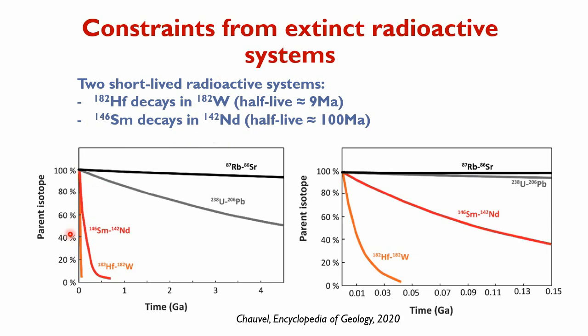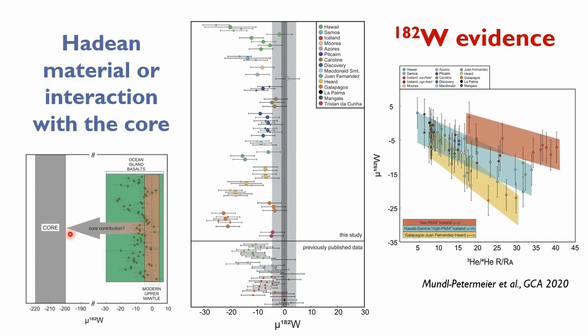It's extinct. So one beautiful work that I wanted to show here has been done by Andy Mundl with the group in Maryland, and it was published, the last of the series, in 2020. This is the evidence of the measurements done on oceanic islands for tungsten isotopes.